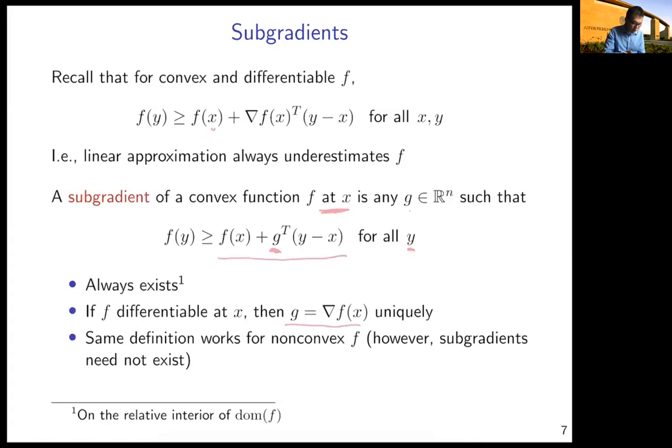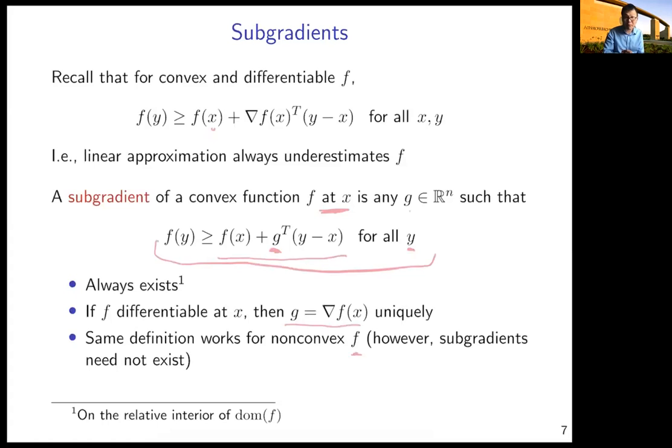Notice that the definition of subgradient also extends to non-convex functions. For any function f, if we can write this inequality for all y at location x, then we say that the g that satisfies this condition at x is a subgradient of this function f at x. The catch is that for non-convex functions, the set of subgradients is not necessarily non-empty at all x.